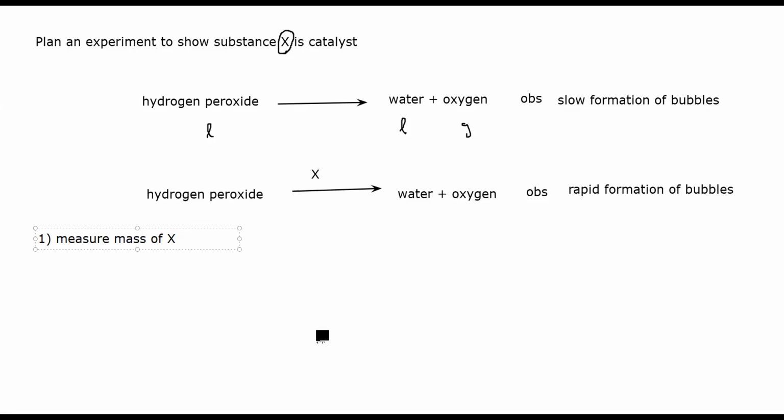So measure the mass of X by balance. First we measure the mass of substance X by placing it on a balance. For example, this is a balance, and you place substance X on this balance.